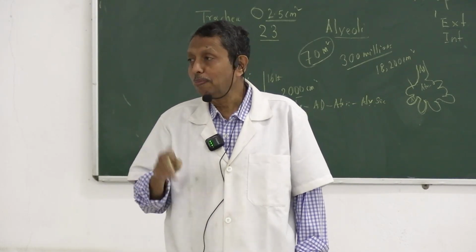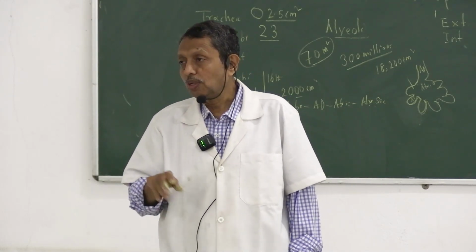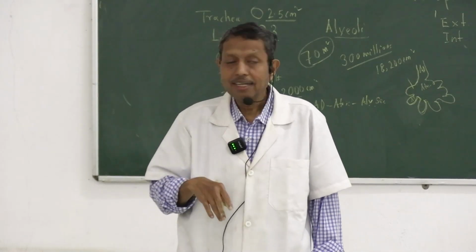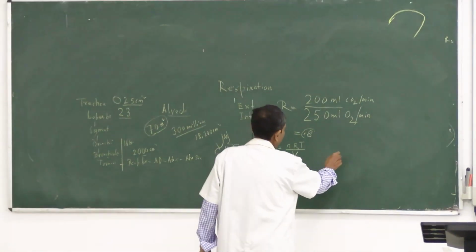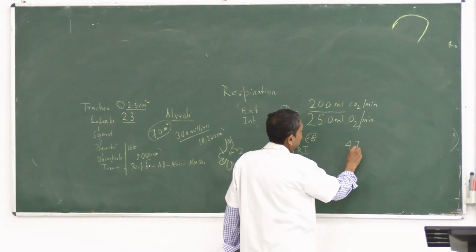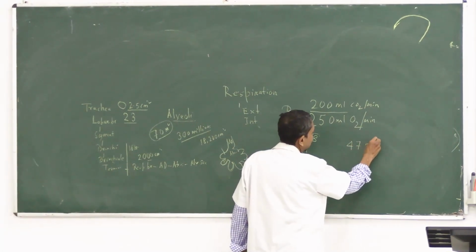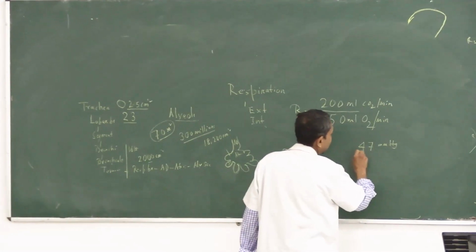And at the body temperature, saturated water vapor pressure is 47 millimeter of mercury.